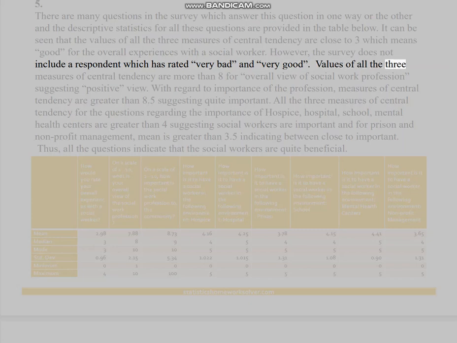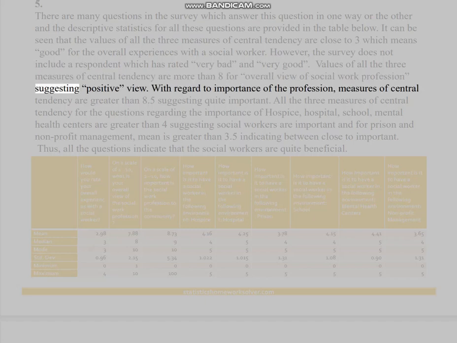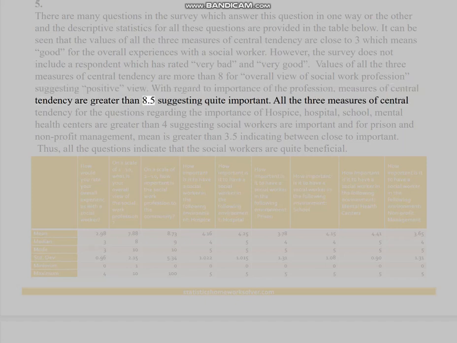Values of all the three measures of central tendency are more than 8 for overall view of social work profession, suggesting a positive view. With regard to importance of the profession, measures of central tendency are greater than 8.5, suggesting quite important.